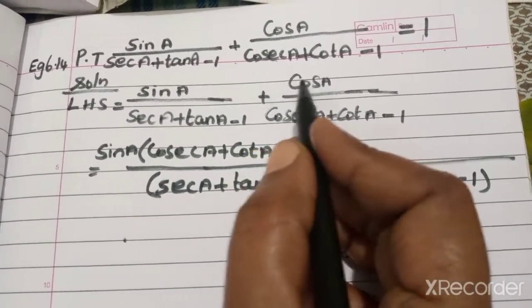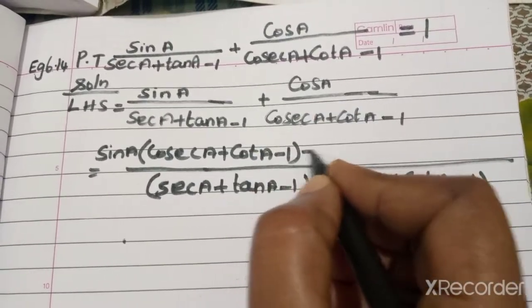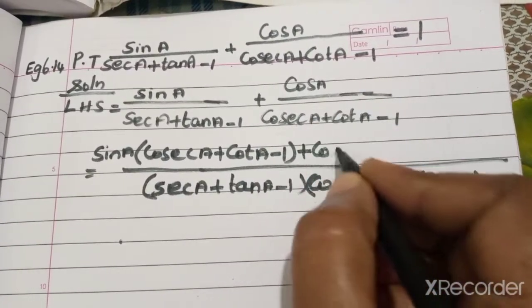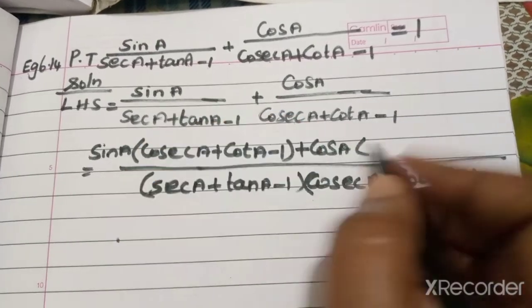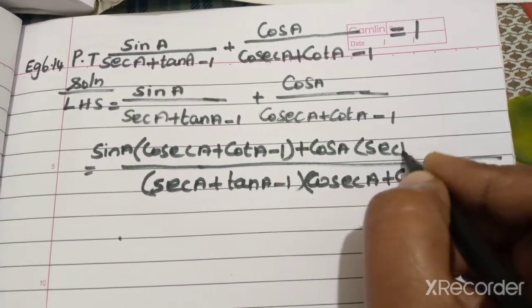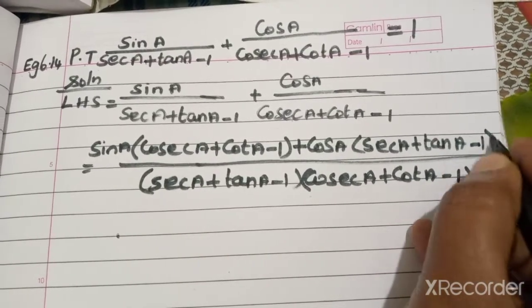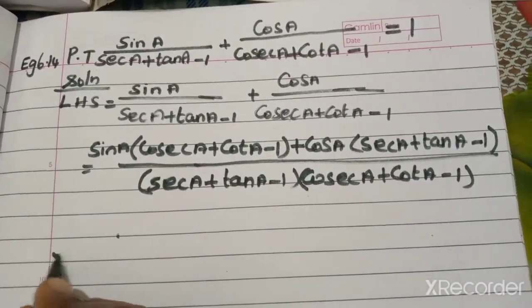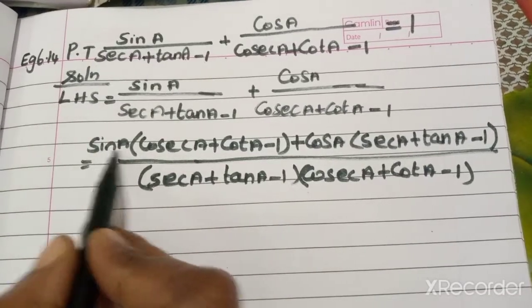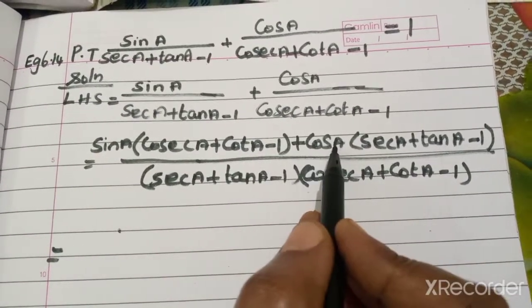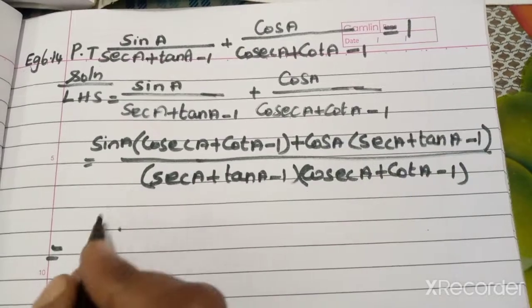Then these two terms, plus is there, so plus cos A into this term, secant A plus tan A minus 1, close the bracket, which is equal to, now this sin A into these 3 terms plus cos A into these 3 terms. Okay, listen carefully.